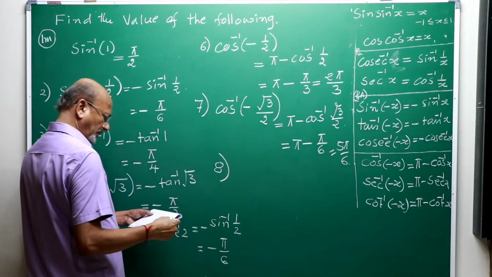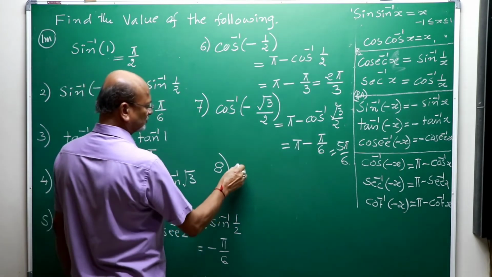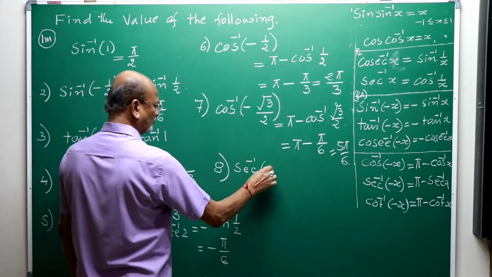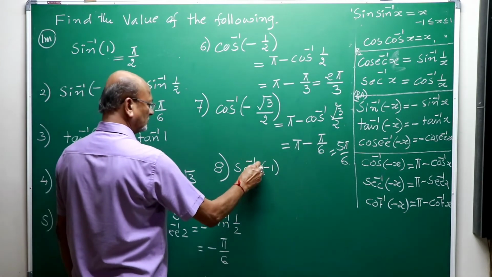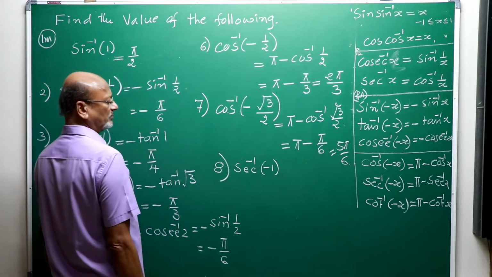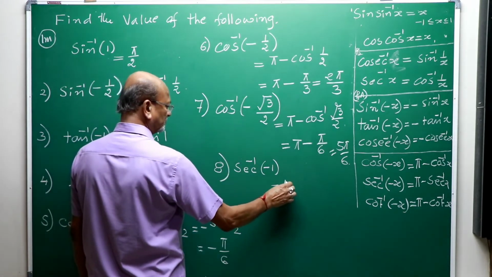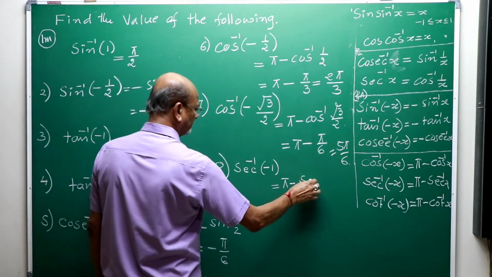Next is sec inverse of minus 1. Use that property first. This is pi minus sec inverse 1.